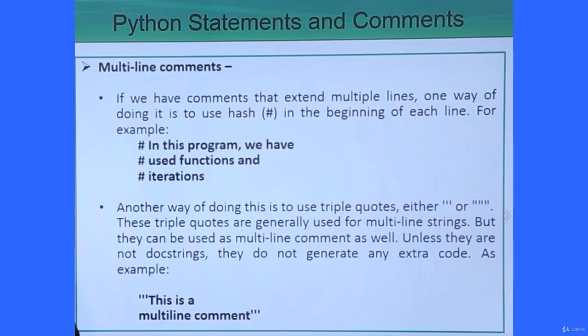Here you see a multi-line comment. I can have multiple lines, but the first line is preceded by triple single quotes, and the last line has triple single quotes at the end. We can also use double quotes in place of single quotes, but in both cases we use them three times. That is the way to write a multi-line comment.